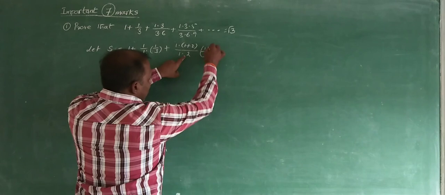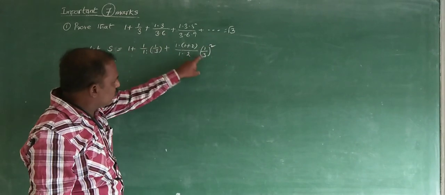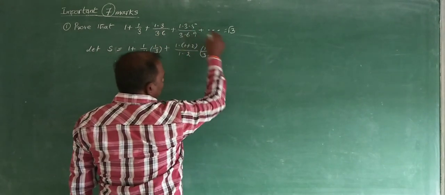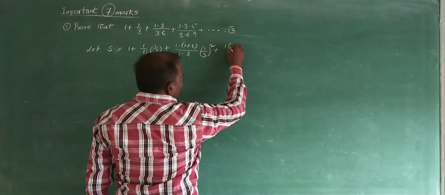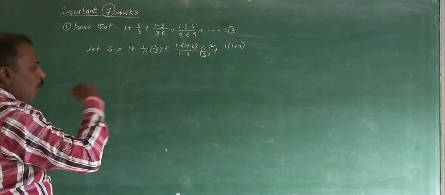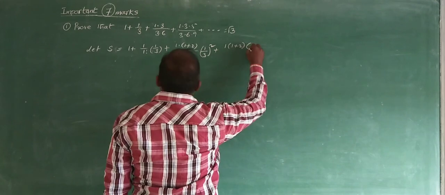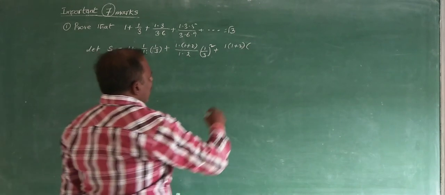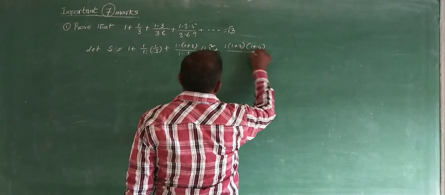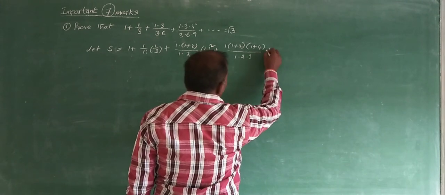Again 3 is common, so 9 twos are 18. So 3 square is taken, from 1 into 2, that is 2 factorial. Next, 1 into 1 plus 2 into 1 plus n into n plus 1 into, this can be written as 1 into 2 into 3 by 1 by 3 whole square.